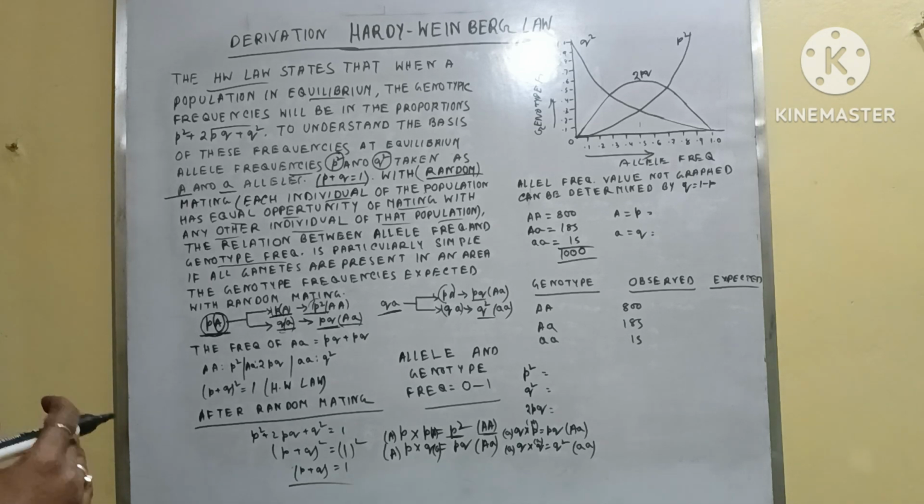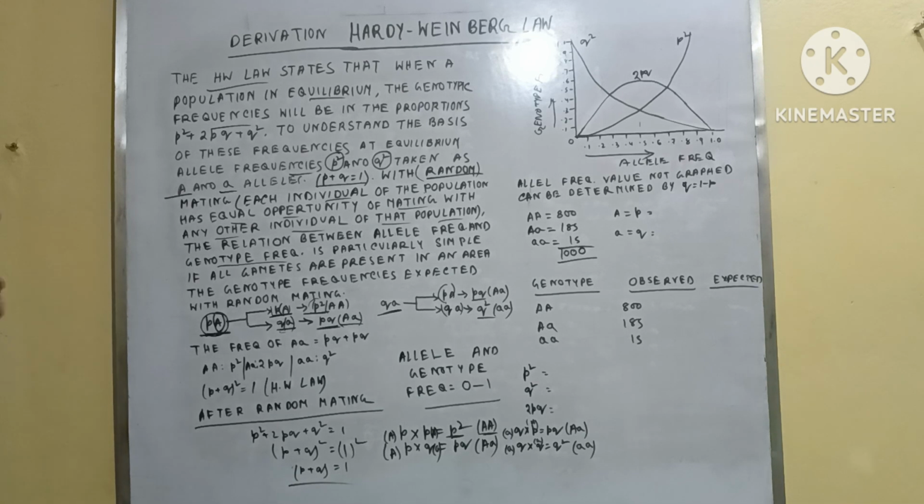We can just observe or expect. It is dependent on each other, that means they are closely related. Like if 200 is observed, then expected is 196. So they are very close to each other, not the exact value we get from allelic frequency to genotypic frequency or vice versa.